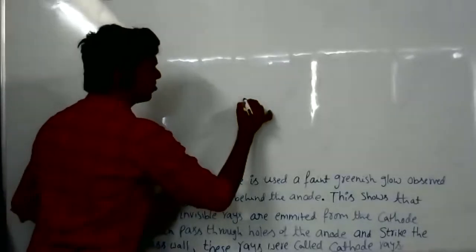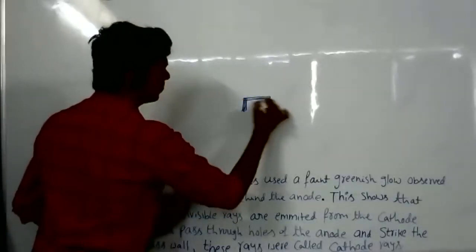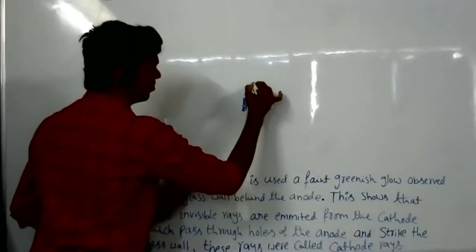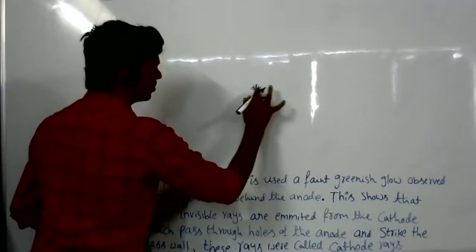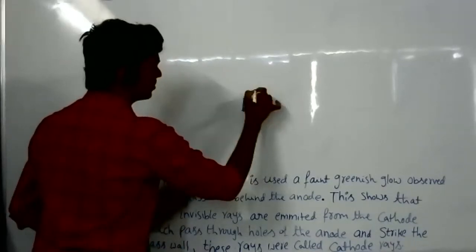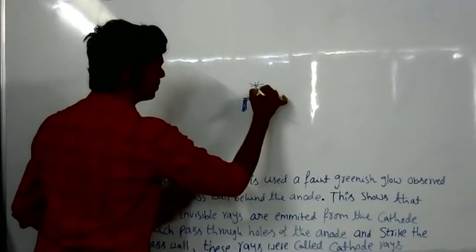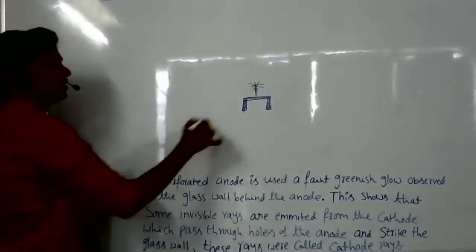Here, a small wheel is placed with the help of an axle. Suppose this is the small wheel.